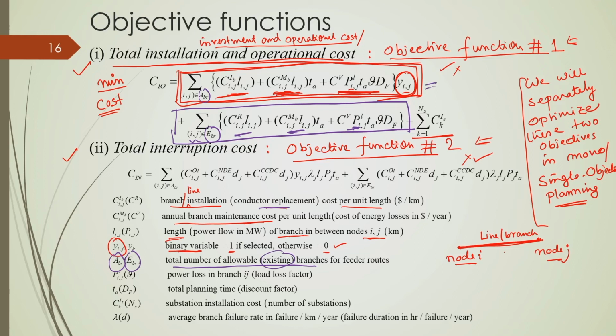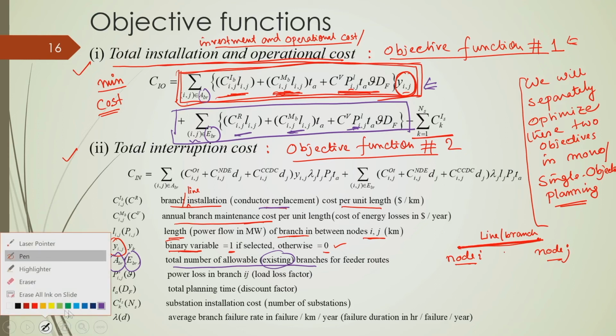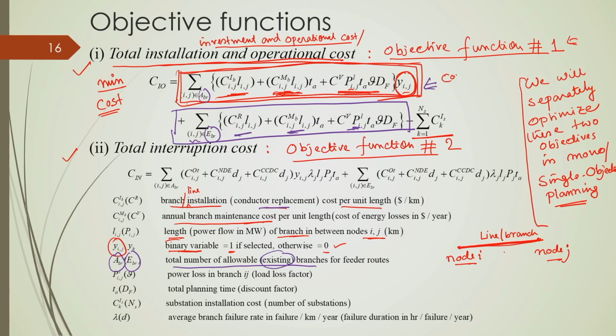So, this is for construction of a new line, the construction decision of a new line or new branch, and this is for an existing line.